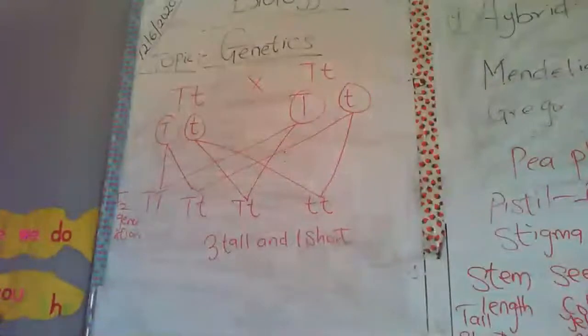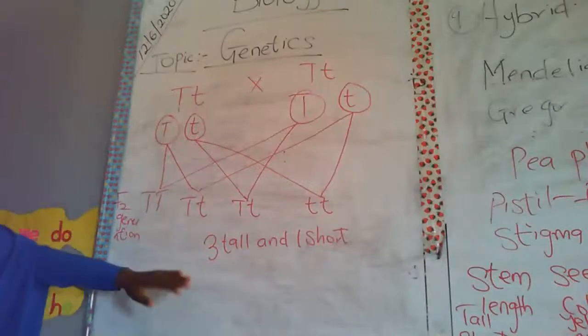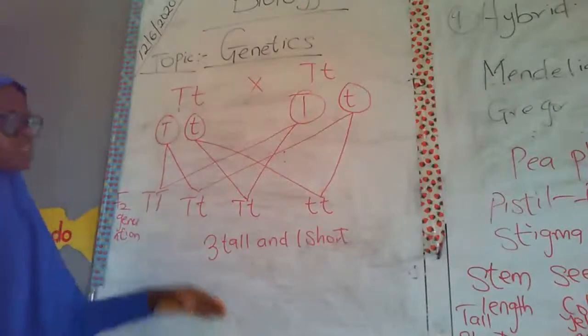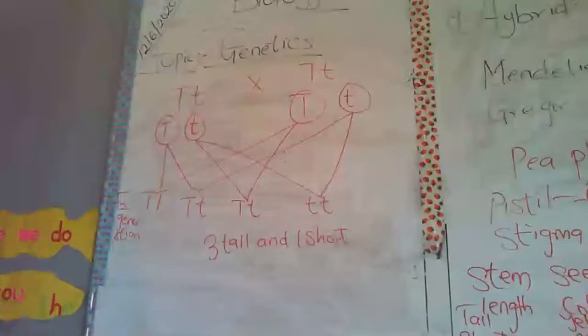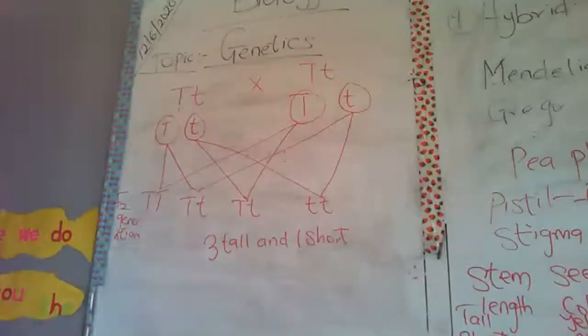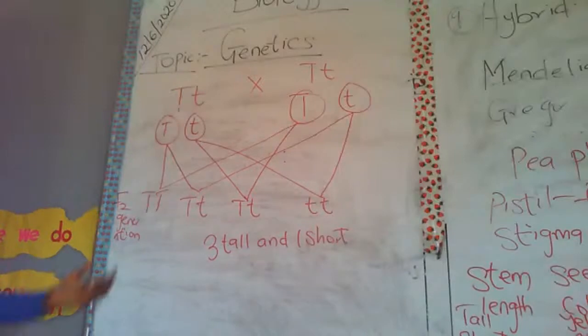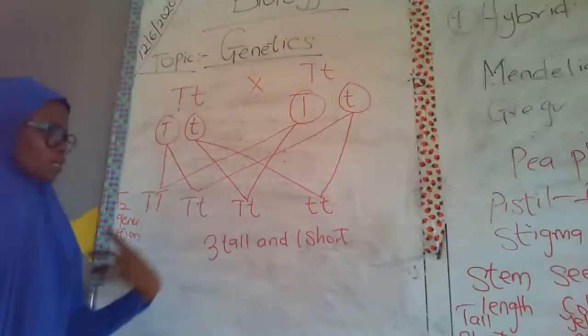Now, what is the phenotypic and genotypic ratio? The genotype is the genetic makeup of an organism, then the phenotype is the physical, the behavioral. You can see from here we have tall plant and short plant.